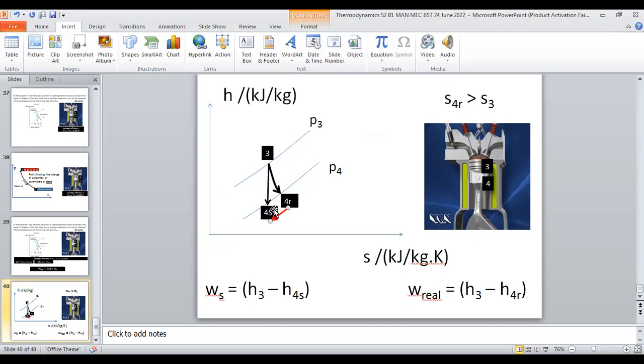So for real becomes 4s, it is isentropic, but getting closer is better. So for this case, this has efficiency of 0.9. So you have a real divided by the ideal.